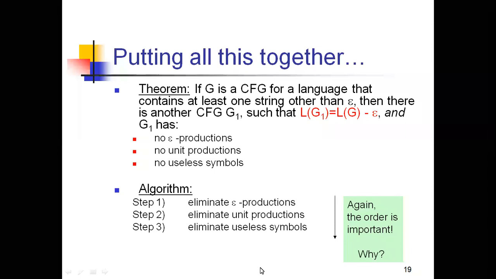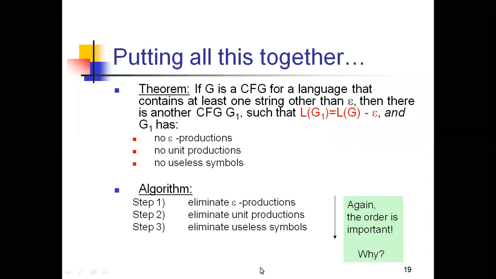And after knowing the statement of the theorem, you need to prove it, right? For proving this, we are following only three steps. We are following the algorithm for removing the epsilon productions, an algorithm for removing the unit productions, and an algorithm for removing the useless productions.